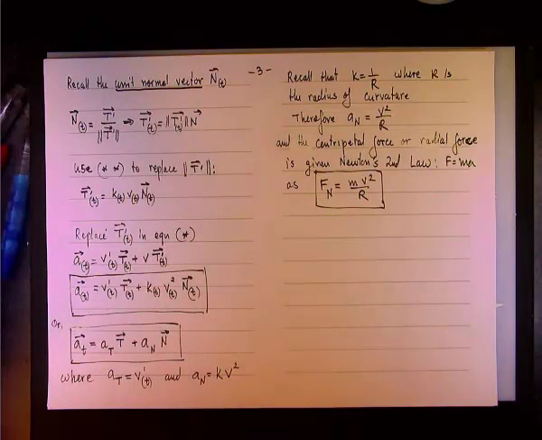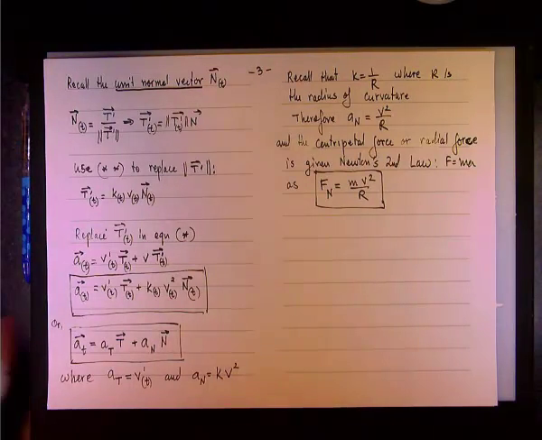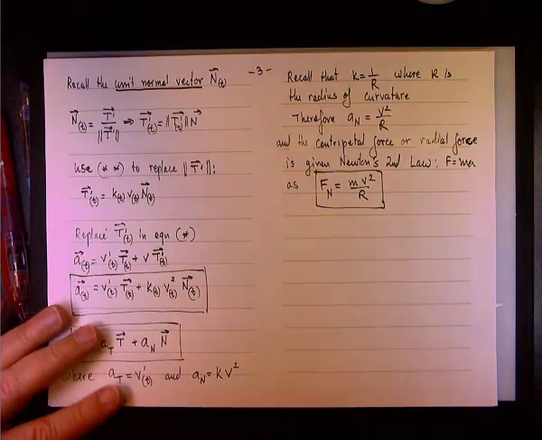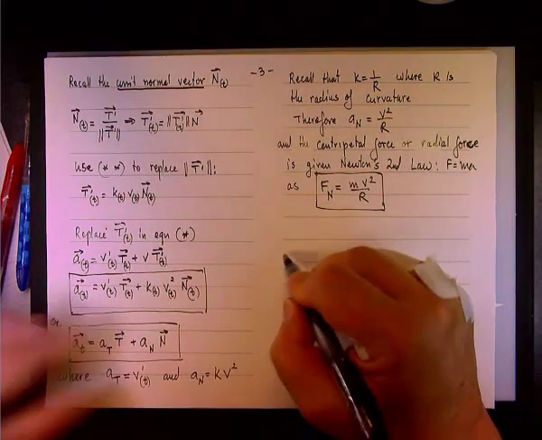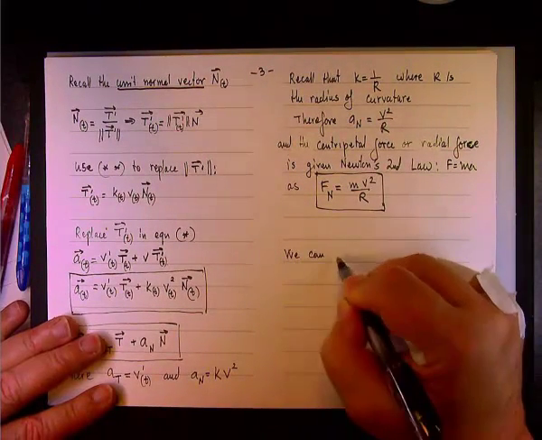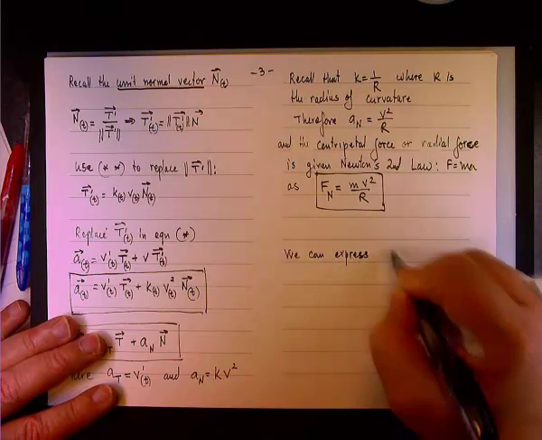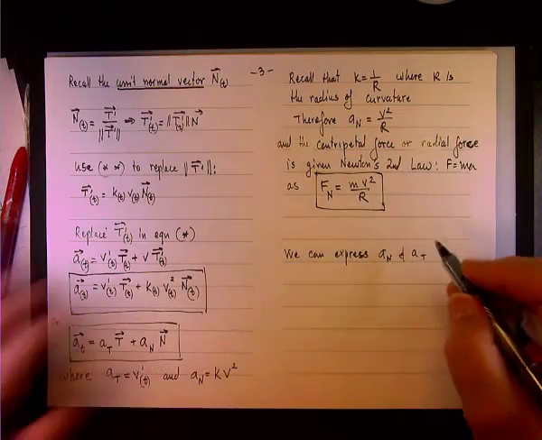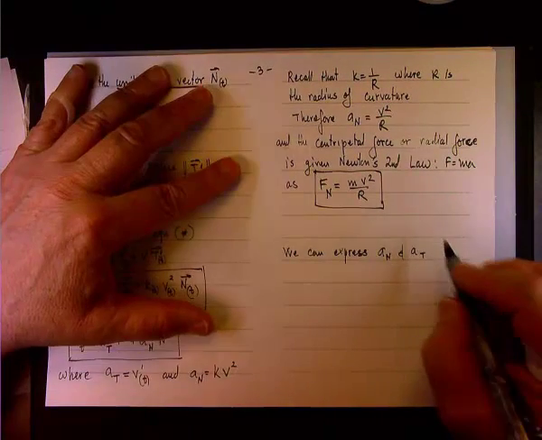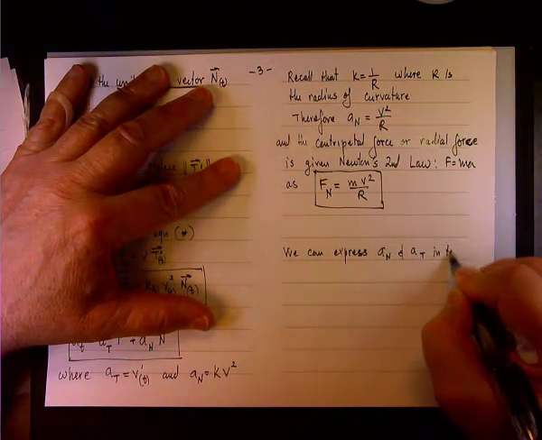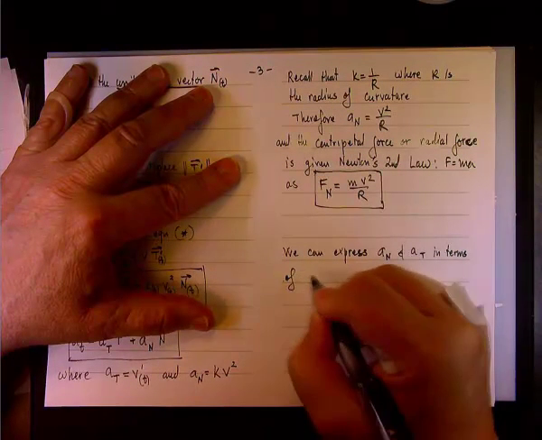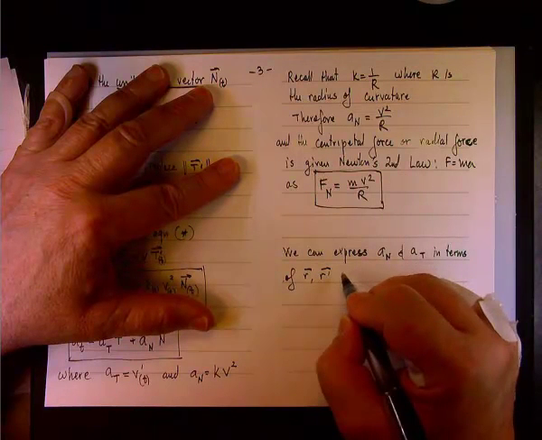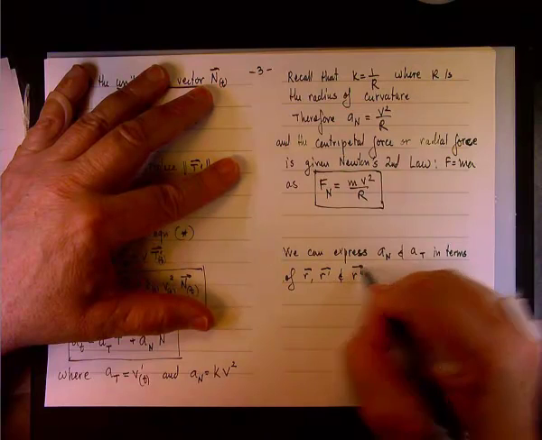So at times it's beneficial to express both components in terms of just the position. So we can express the two components, a sub n and a sub t, the normal and centripetal or radial component of the acceleration, in terms of r prime and r double prime.